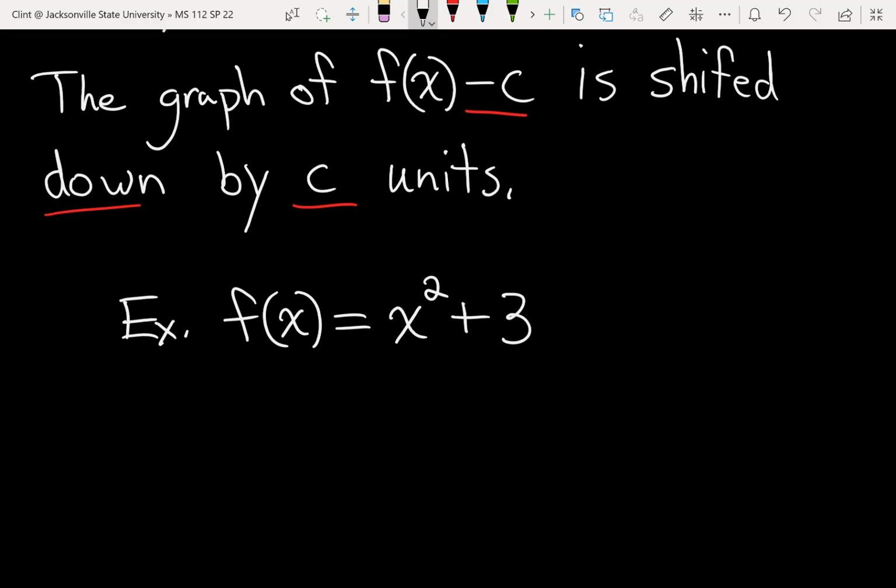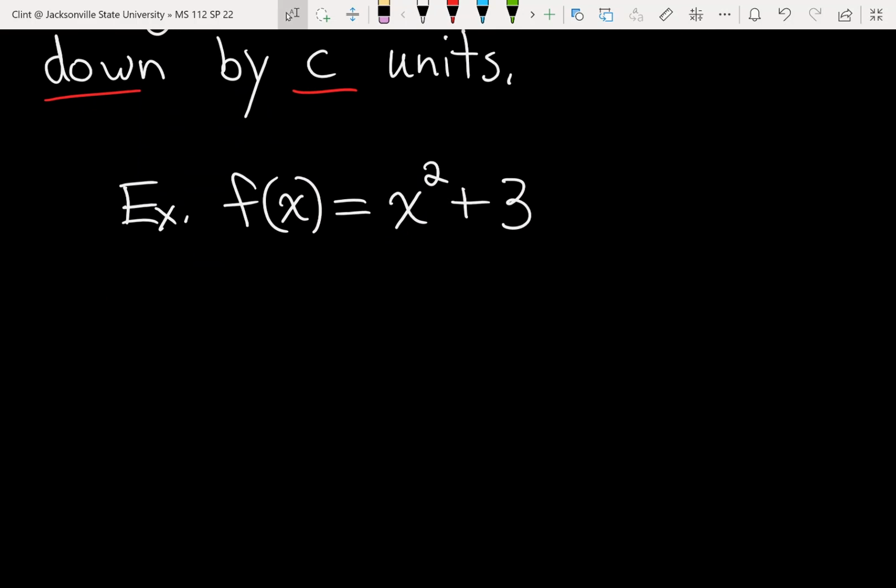Here's a function that had a vertical shift applied to it. You could think about x squared as our starting function. Remember what the basic shape is with x squared? It's a parabola, we would have a U shape.